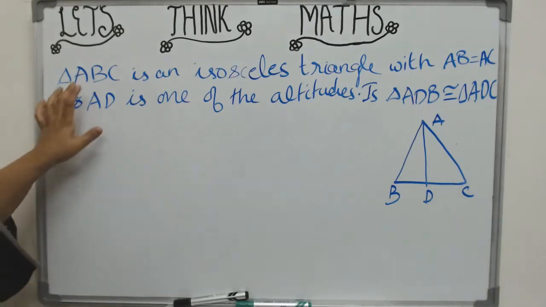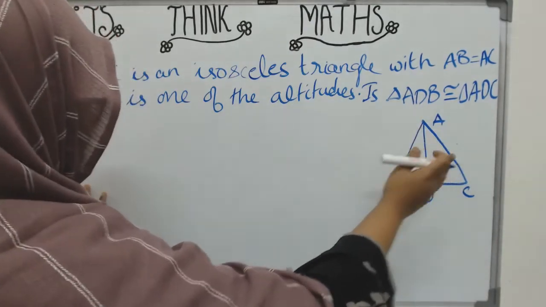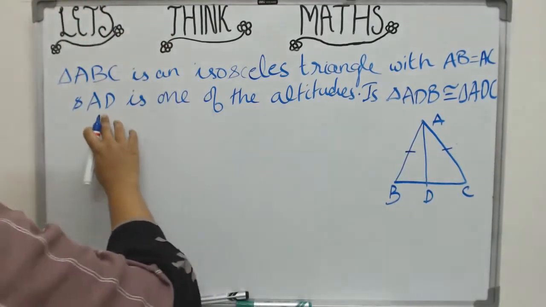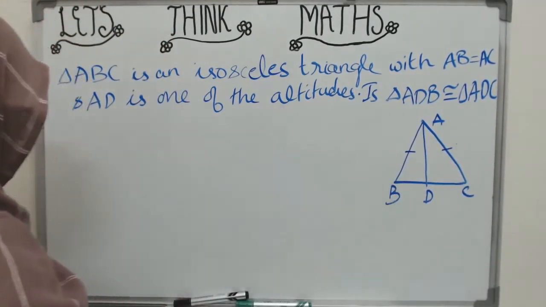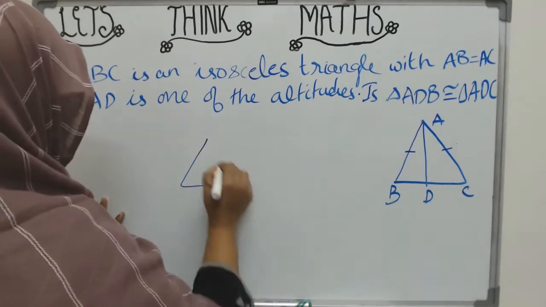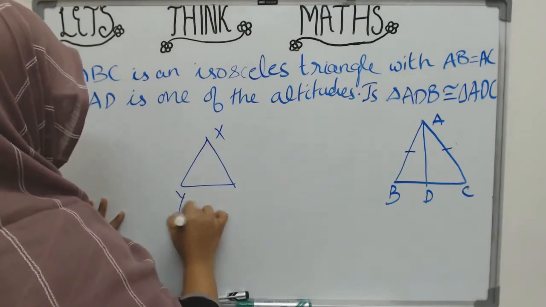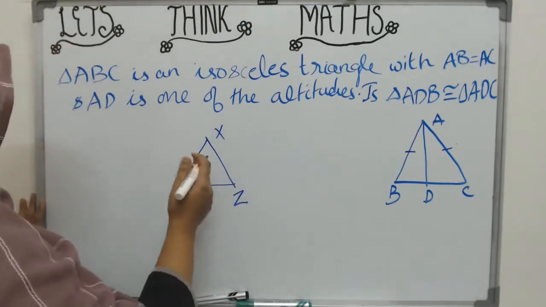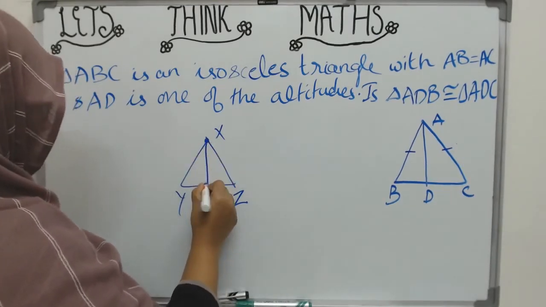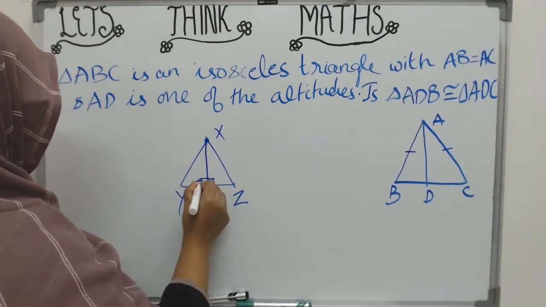Now ABC is an isosceles triangle with AB equal to AC, and AD is one of the altitudes. So what do we mean by an altitude? If we have any triangle XYZ, an altitude is a line drawn from one vertex to the opposite side in such a way that it is perpendicular.